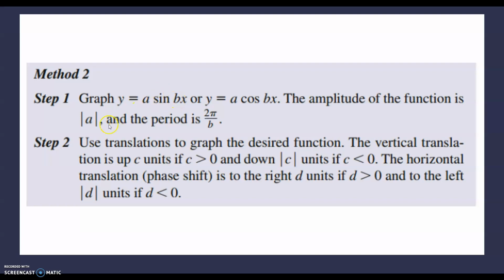Once you graph that, then you will use the translations that we learned last time, the horizontal and vertical translations. You will use those to shift that graph either left, right, up, or down, however you're supposed to shift it, okay? So those are the only two steps. You just have to remember how to first graph these, okay? So let's look at this example.